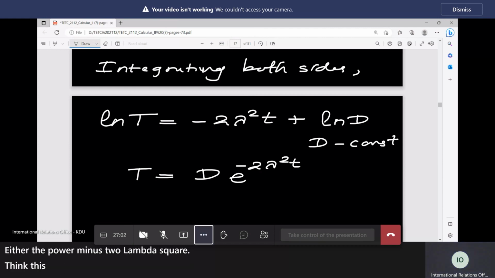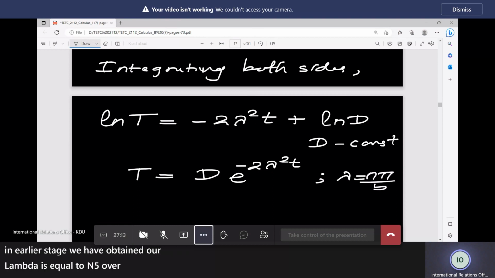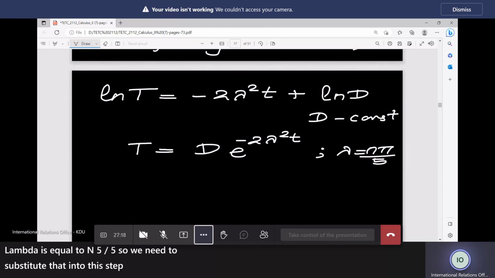Since this one also varies with n, and in the earlier stage we obtained lambda equals n phi over 5, we need to substitute that into this step.